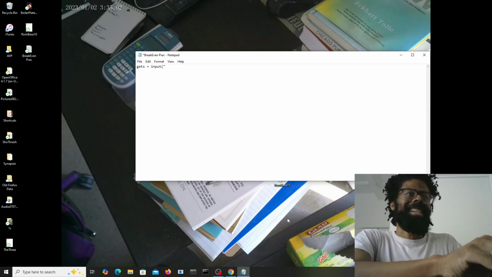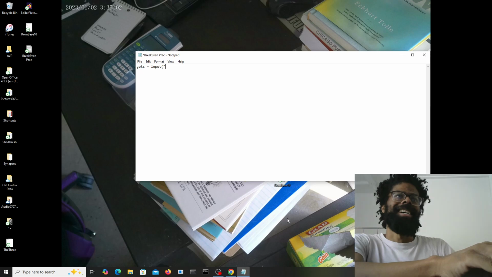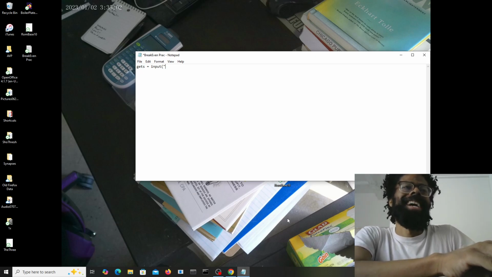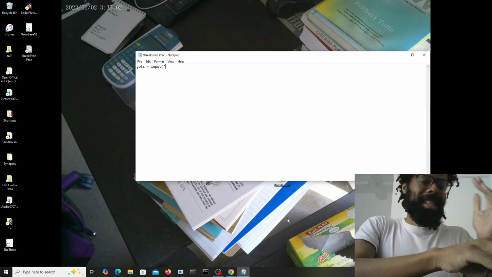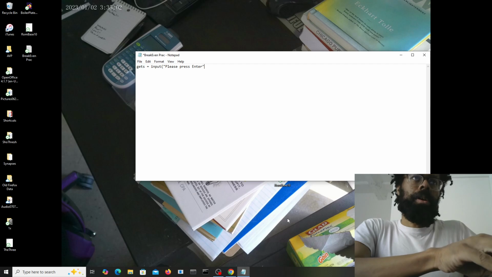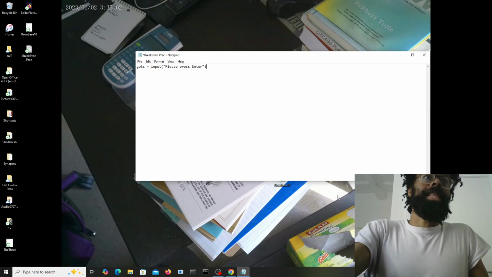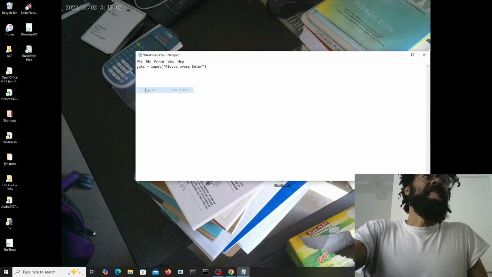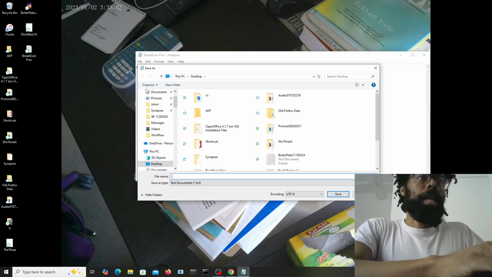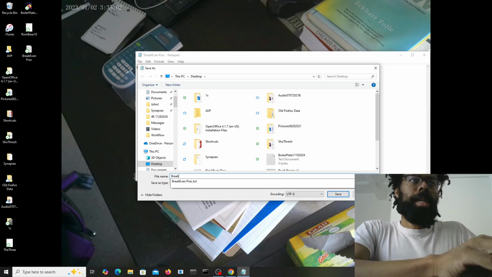I know I'm a little bit out of line because I keep using this Ruby Python joke, but anyway, I'm just going to say gets equals input. Please press enter. Okay, wait a minute, before I do that: break even rack dot pie.